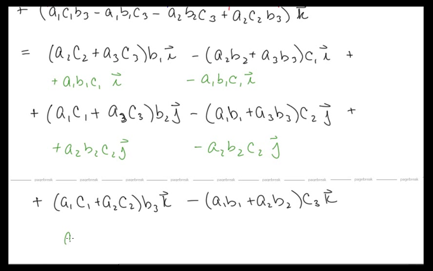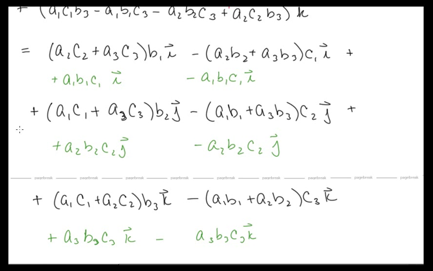And an A3, B3, C3 k, A3, B3, C3 k. Then we can regroup and we get our A dot C times vector B from these terms here, and our A dot B times vector C here, which is what we needed.